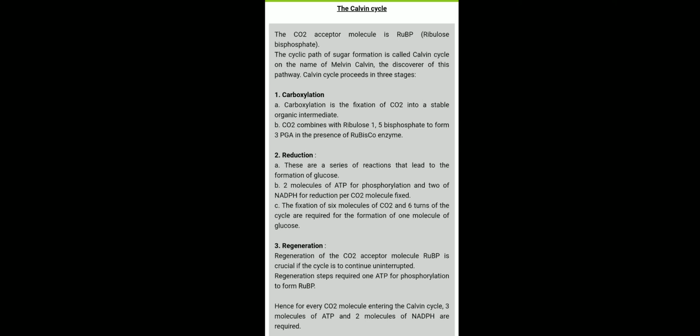Hence, for every CO2 molecule entering the Calvin cycle, 3 molecules of ATP and 2 molecules of NADPH are required.